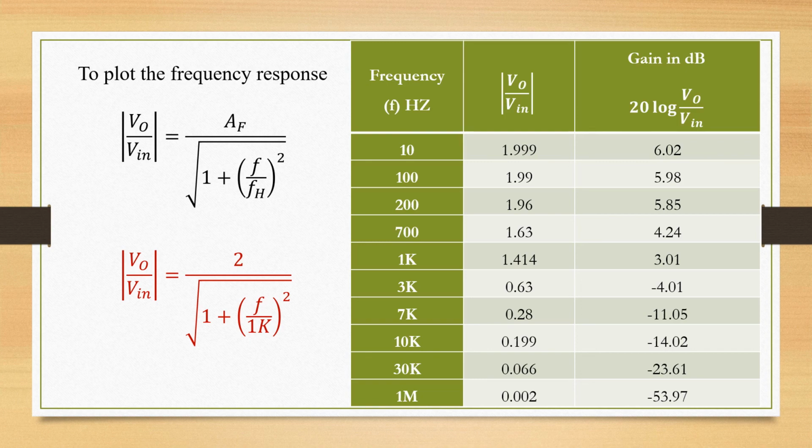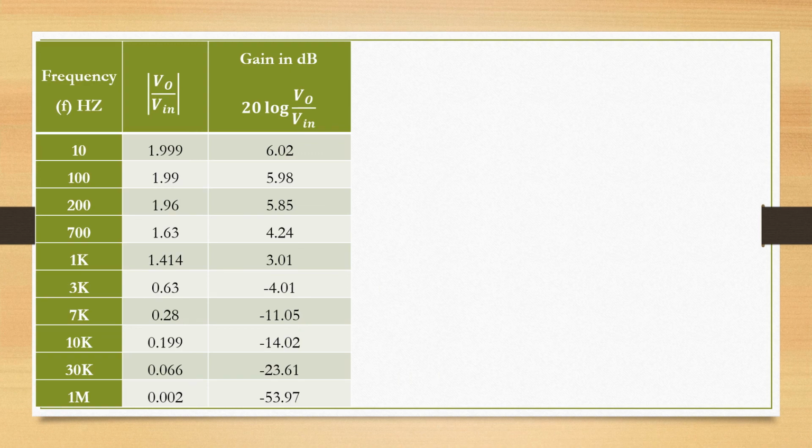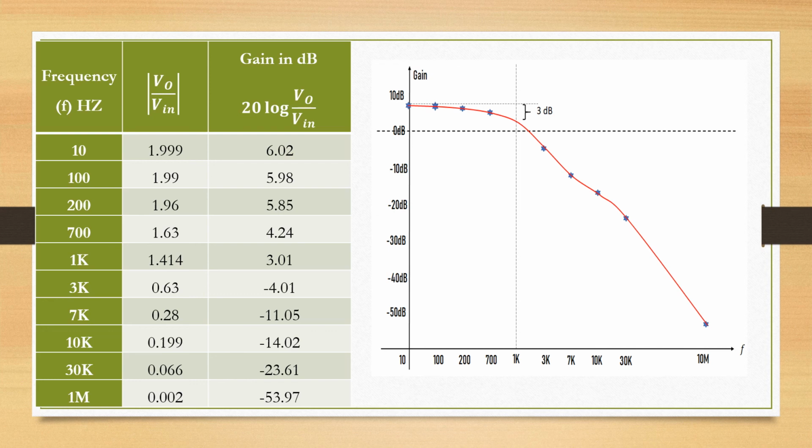After finding these values of gain in dB, we plot the curve. The y-axis is taken as the gain. As we can see from the table, there is a mixture of positive as well as negative values, so selecting an appropriate scale, we plot the points. Up to 1 kilohertz, our cutoff frequency, the gain in dB, since it is a practical circuit, will not be purely constant.